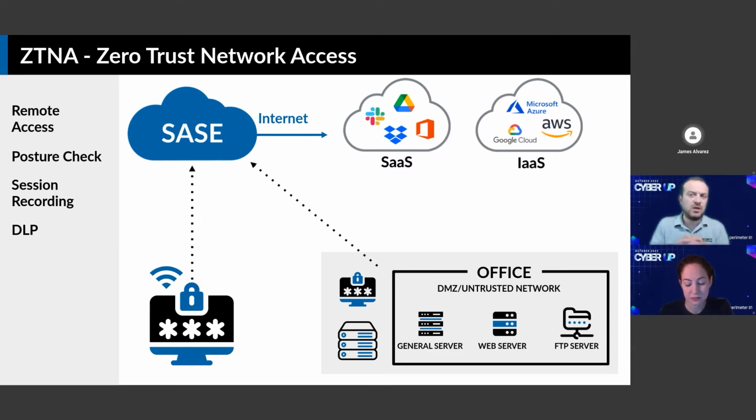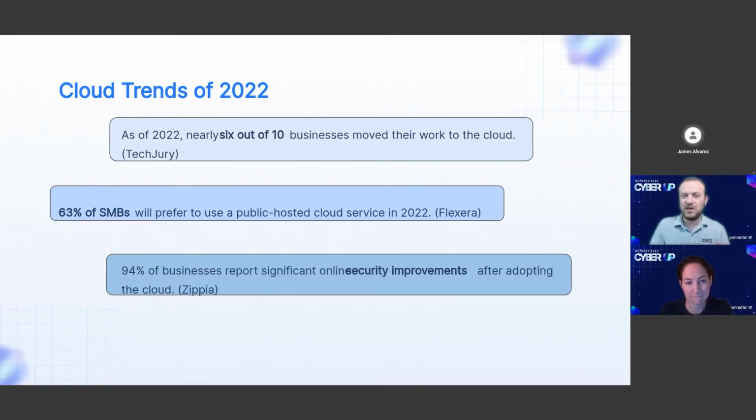With ZTNA, we only provide access to the application you need. This way, we are much more secure from the perspective of what people can do, and also we don't expose anything to the internet from the office perspective. This is a very, very high-level set of building blocks and level set. I know we could probably talk only about this for a couple of hours.